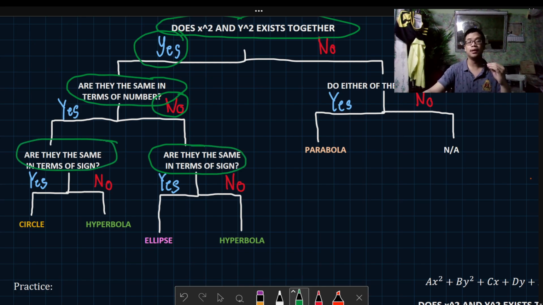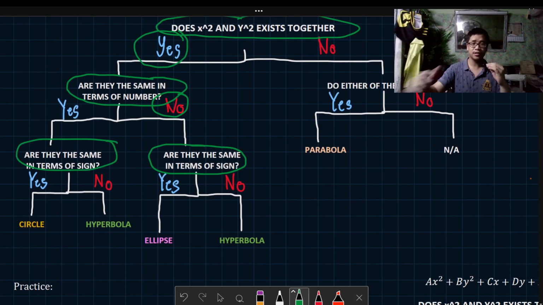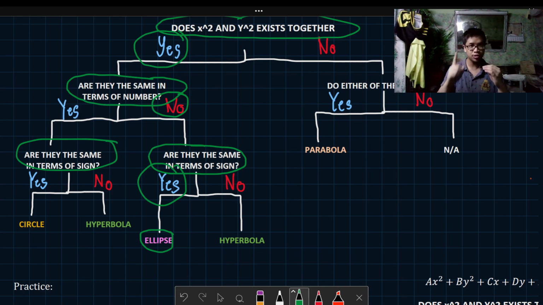Are they the same in terms of sign? If they have the same sign, let's just say it's a yes, then it's an ellipse. Remember, in an ellipse, the numbers for x squared and y squared should not be the same, but they should have the same signs. So that is an ellipse.